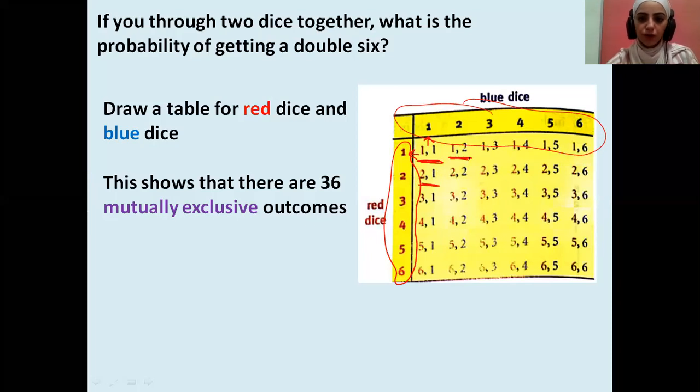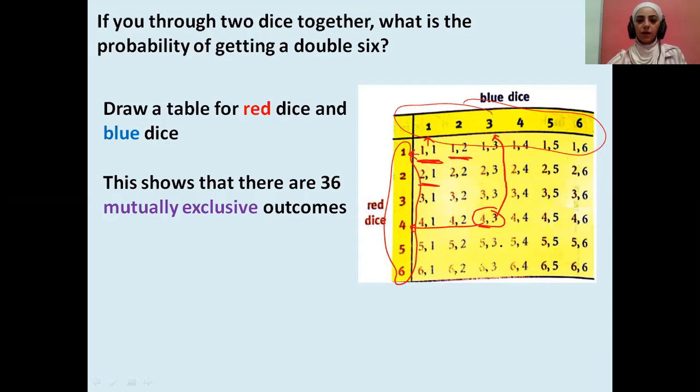Be careful, one with two, two with one, they are like the same, but here the two is from the red dice, the one from the other dice. So the ordering is very important when you need to write your outcomes. If you look at this one here, for example, 4 with 3. As you see, 4 comes from the red dice, the face of the red dice. 3 comes from the blue dice, the face of the blue dice, and so on for all the possible outcomes.